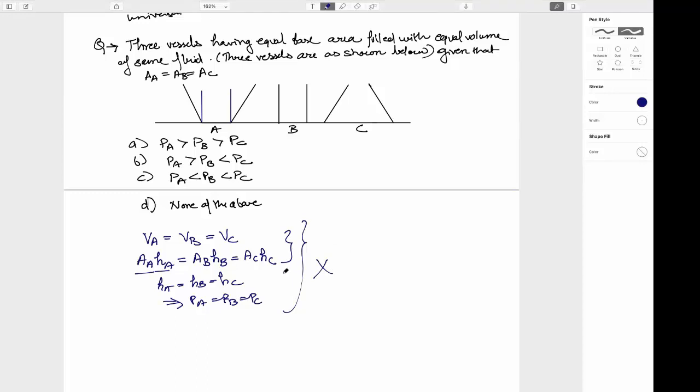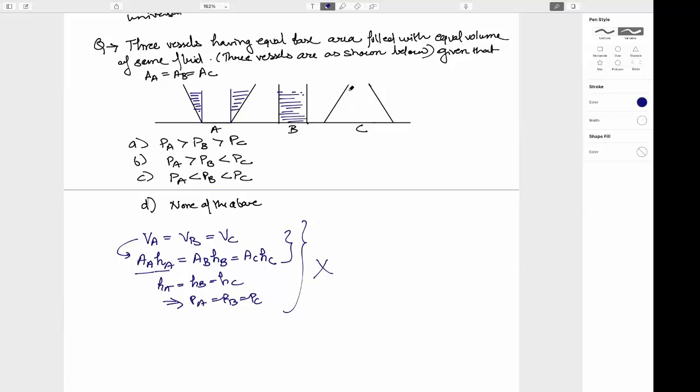So why is this not a correct way of doing? Because you cannot interpret this way which height is what, because if you are taking A into HA, you are just taking A into HA. What about this? If you are taking B, you are taking this area into this, so that is only correct for this vessel. That will give you AB into HB.